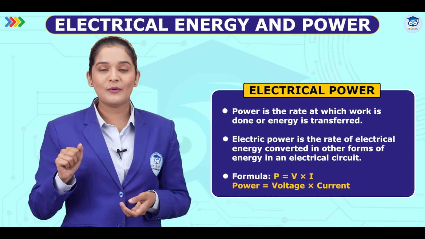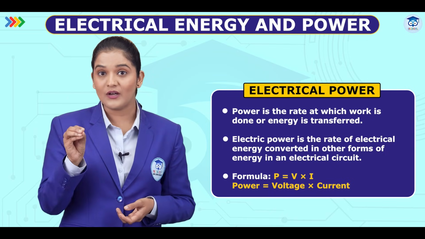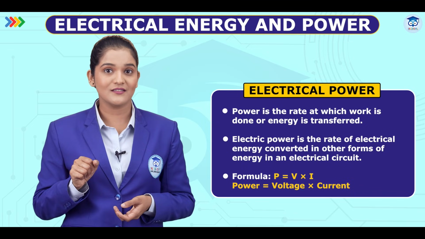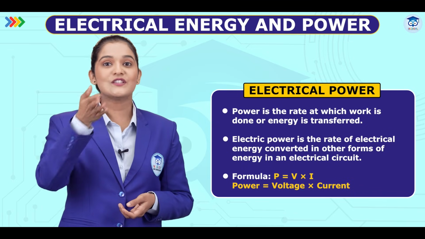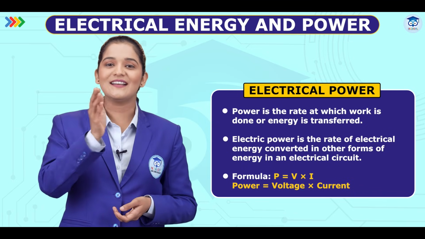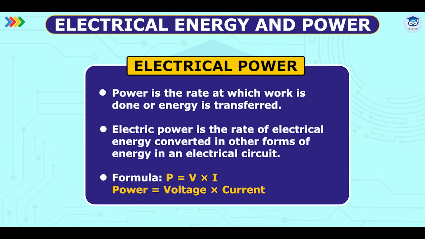The basic formula to calculate electrical power is given by the expression power equals voltage multiplied by current. Mathematically, this is written as P is equal to V into I, where P is the power in watts, V is the potential difference in volts, and I is the current in amperes.